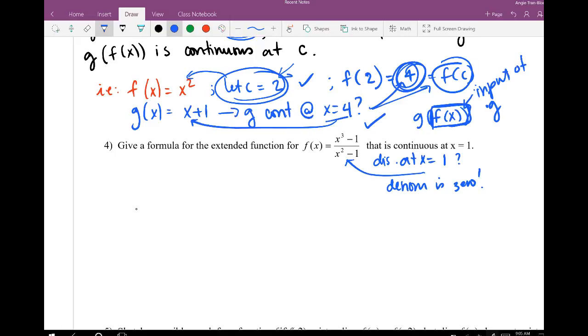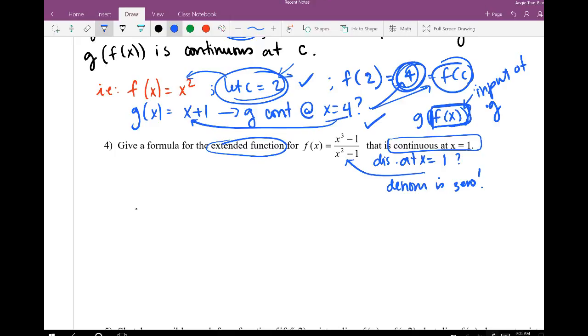So remember, there are 4 different types of discontinuity. Right now, I would like for you to give me an extended function that is continuous at that value that I said is supposed to be discontinuous. Remember how you asked me before, how do I patch the hole to make it continuous, or how do I remove the hole?